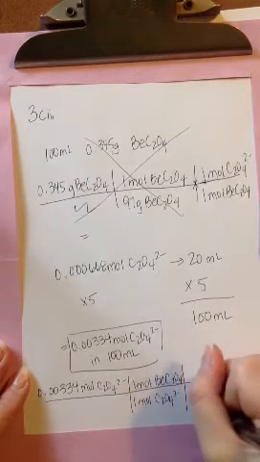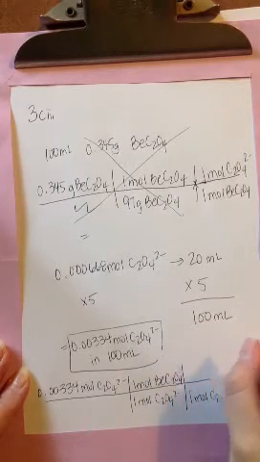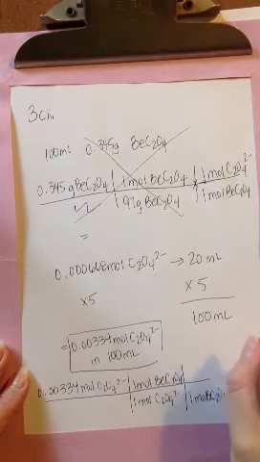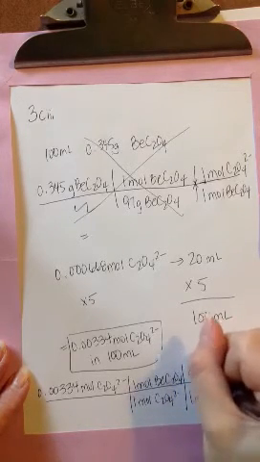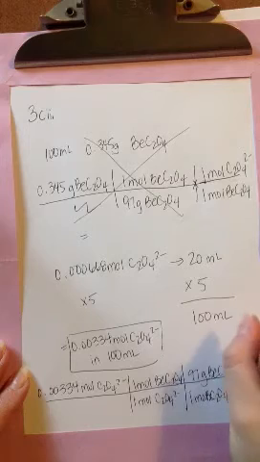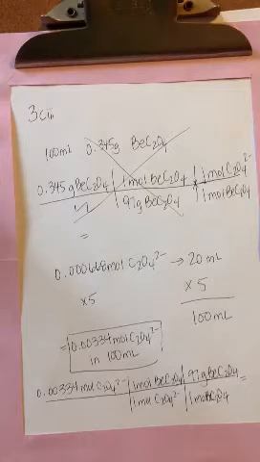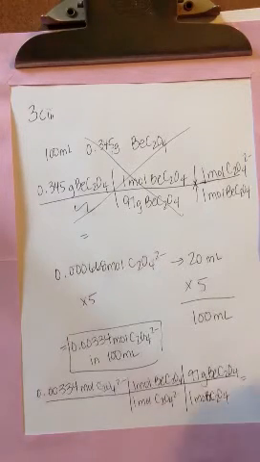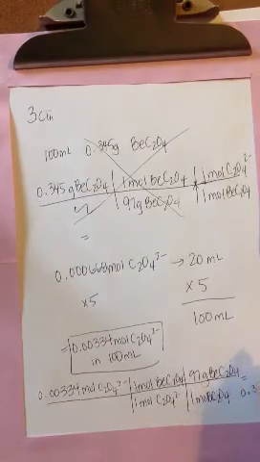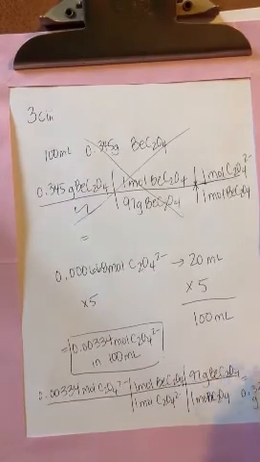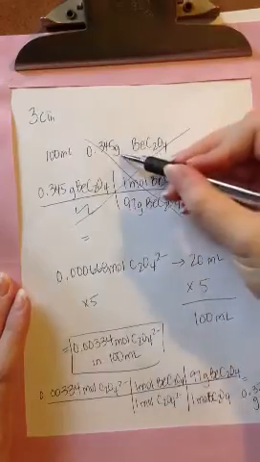And now I know the molar mass is 97 grams. So when I multiply that by 97, I get 0.324 grams, and that was out of my 0.345.